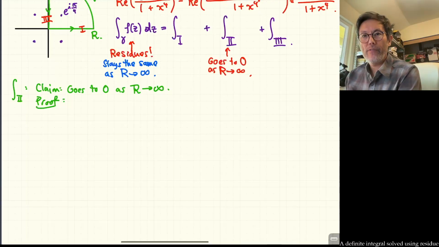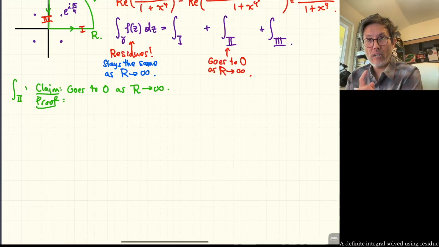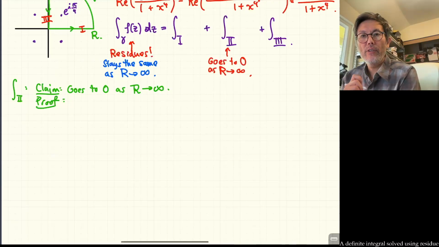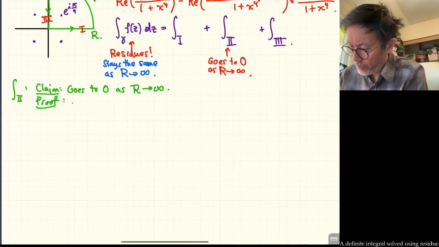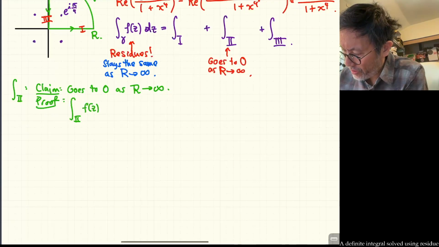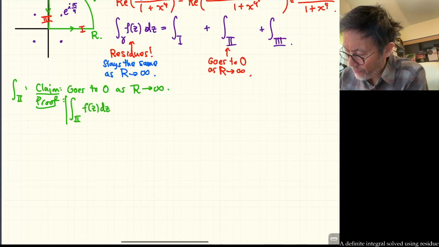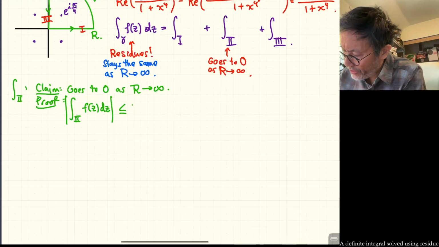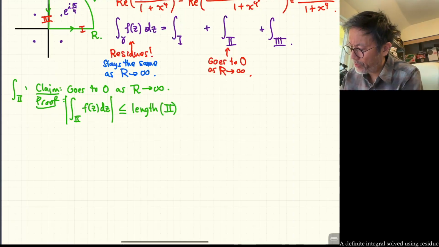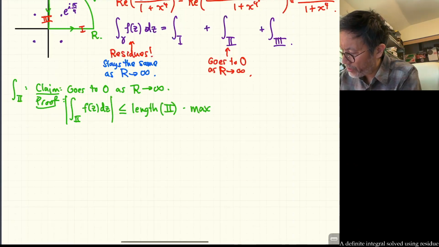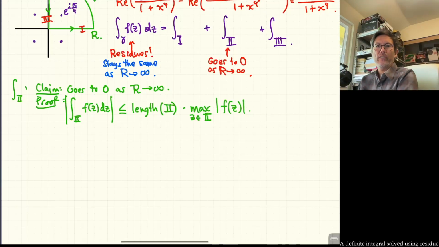So we have a nice tool for estimating the modulus of a contour integral of f of z dz. The modulus of this is bounded above by the length of the curve, in this case, this curve 2, times the maximum value for z on this curve of the modulus of the integrand.